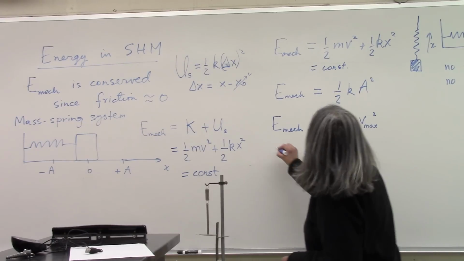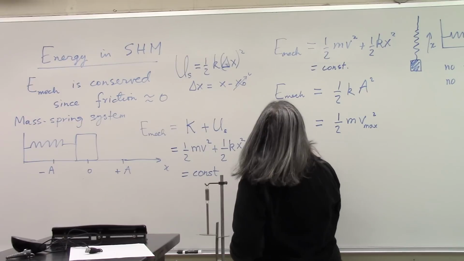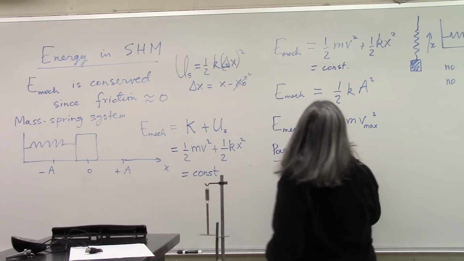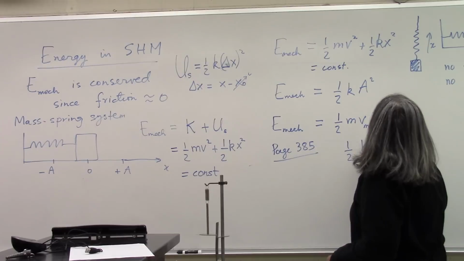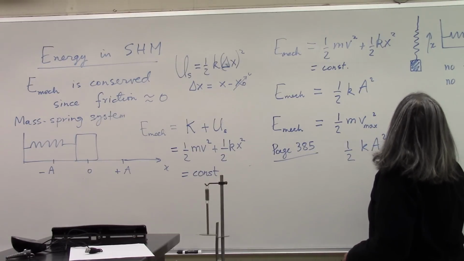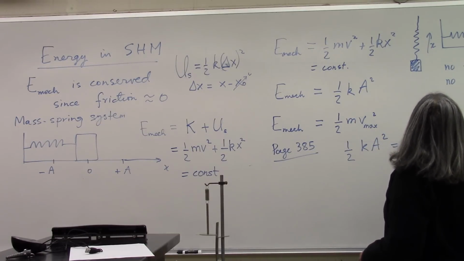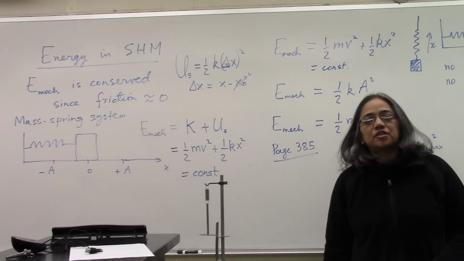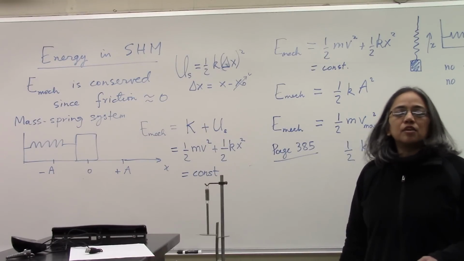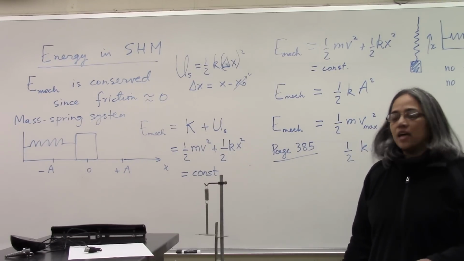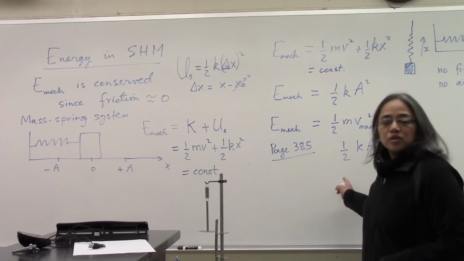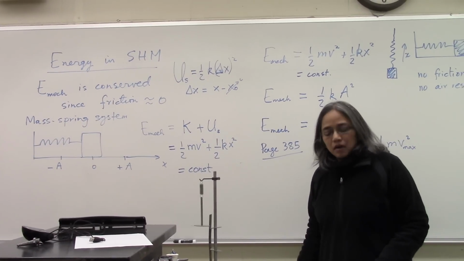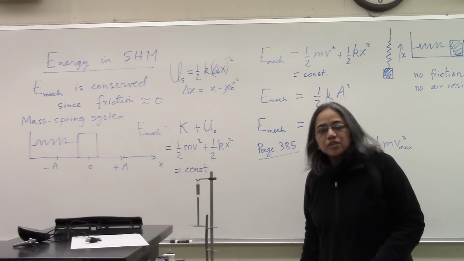When we do that, I'm not going to do the full derivation here, but you can look through the derivation at page 385, where we equate half k A squared with half m v max squared. Doing so yields a really interesting result. I'm going to write down just the final result, and I want you to see if you can work through that little derivation at the top of page 385.